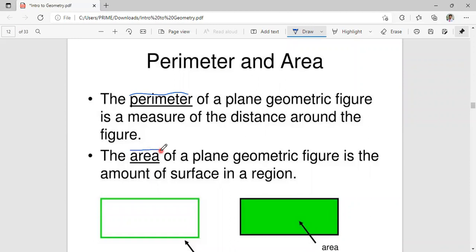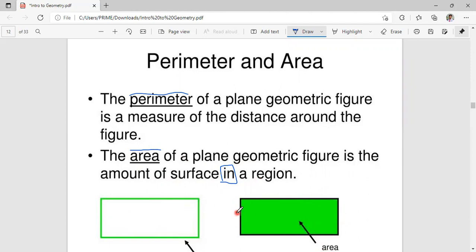Then we have area. What is area? The area of a plane geometric figure is the amount of surface or region inside. This green region inside the boundary is called the area of this rectangular shape.